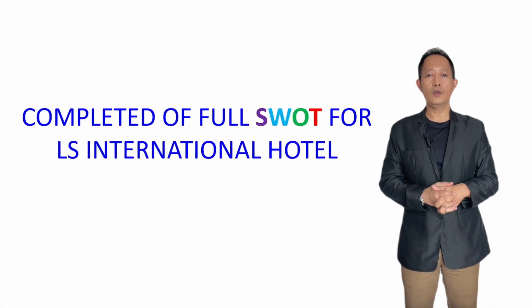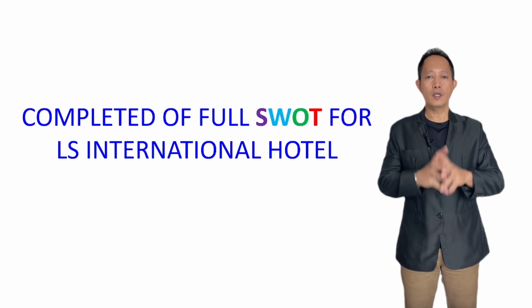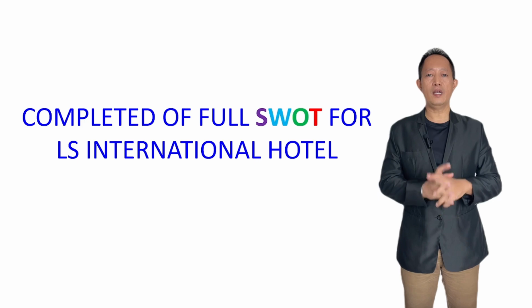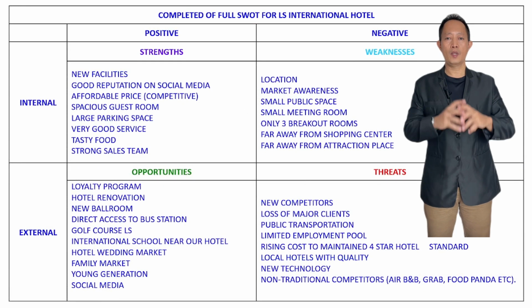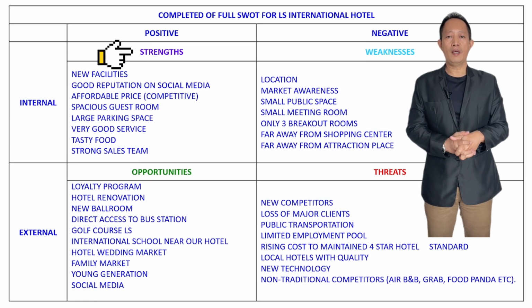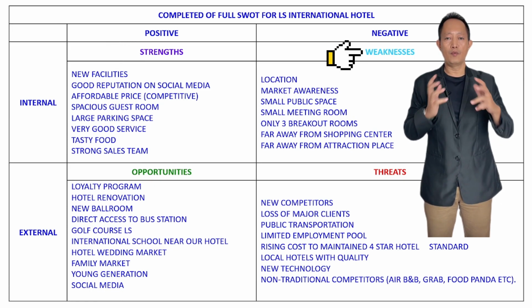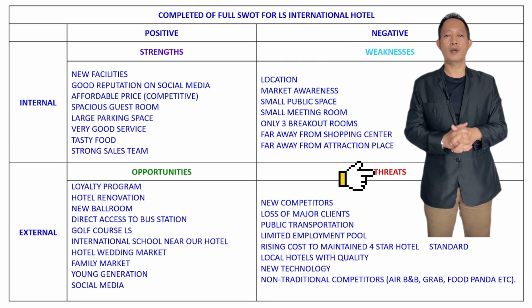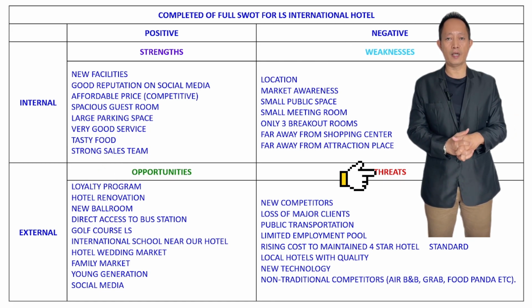Now let's do the full SWOT analysis, which means we will put weight on importance and uniqueness and also internal factor. Now we have the strengths, weaknesses, opportunities, and threats of LS International Hotel.